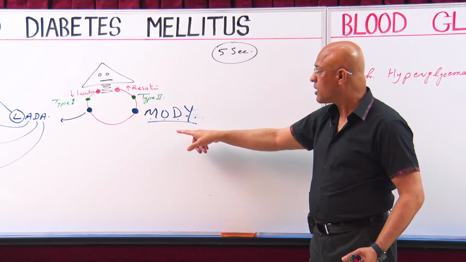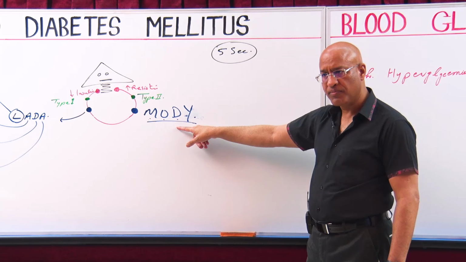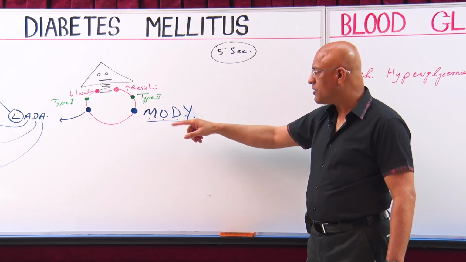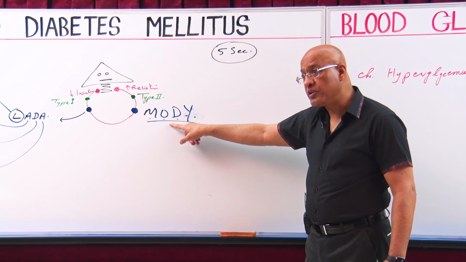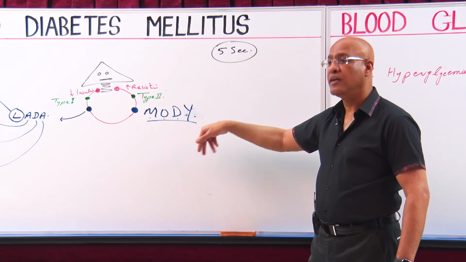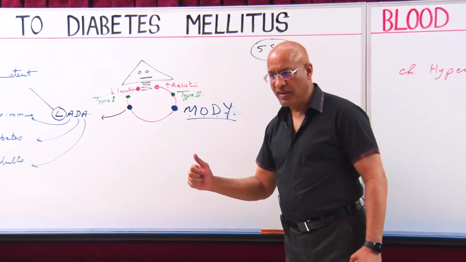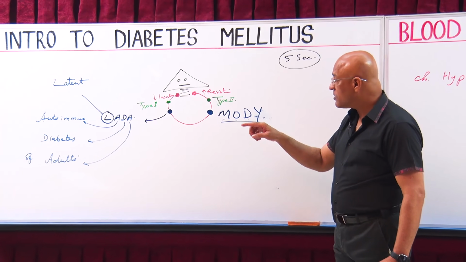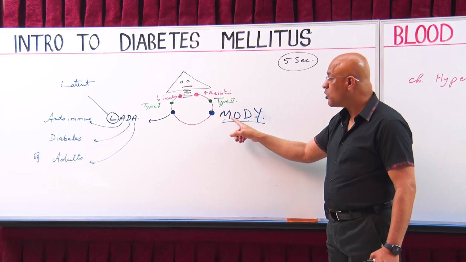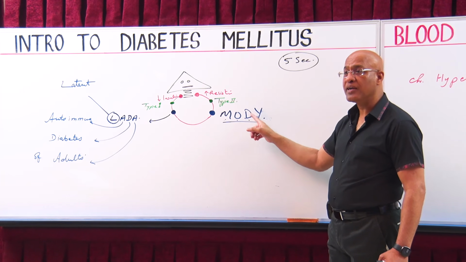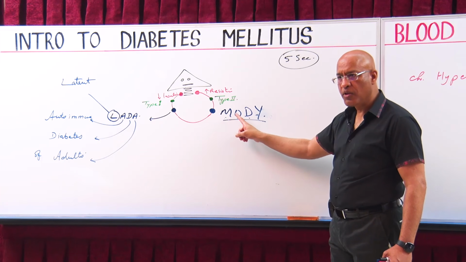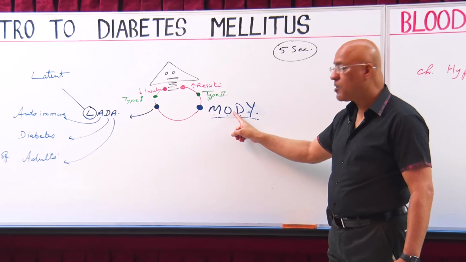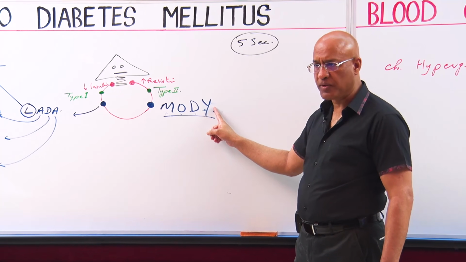But if you come across a very young person that is having a type of diabetes mellitus which is behaving like type 2 diabetes, it means this person is having maturity onset diabetes, but in a young person, right?